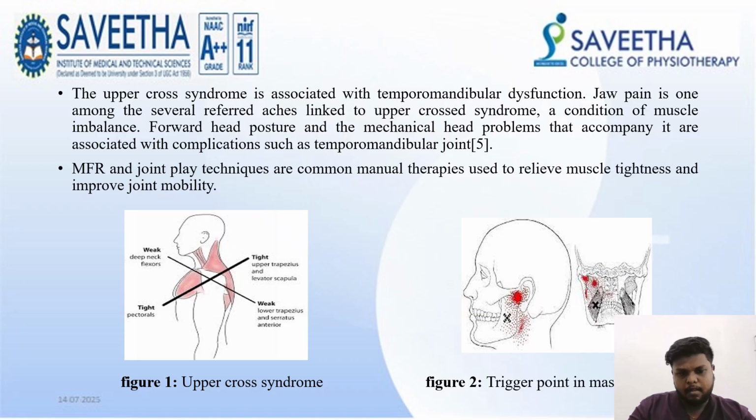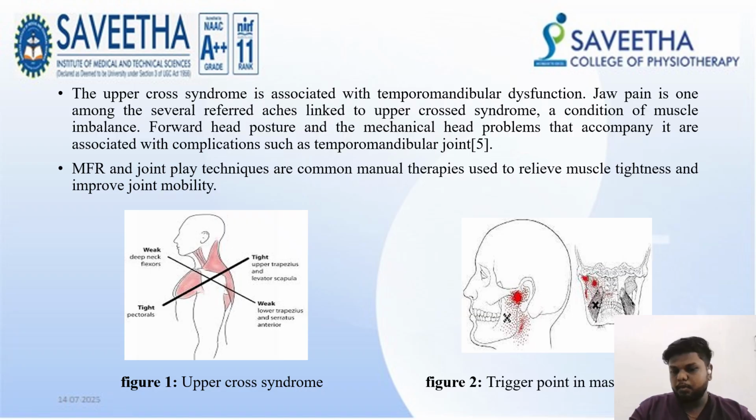On the posterior side, tight muscles like the upper trapezius and levator scapulae will go for tightness, and also in front, the pectoralis muscles will go for tightness. So that's why this upper cross syndrome also affects the shoulder joint. This is a group of muscles affecting here. So that's why it is related to the temporomandibular joint because of the overactiveness of the masseter muscle.